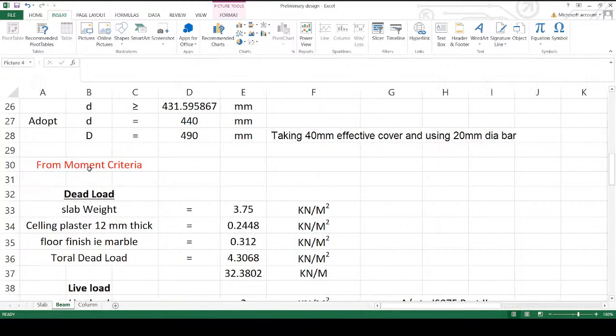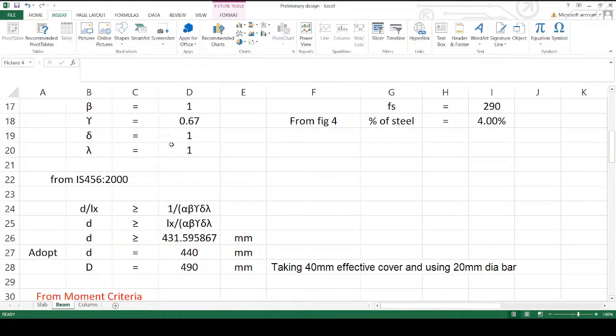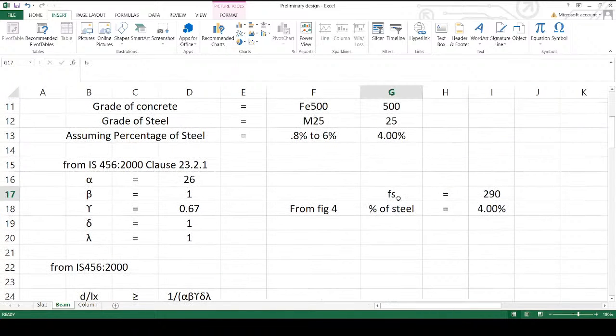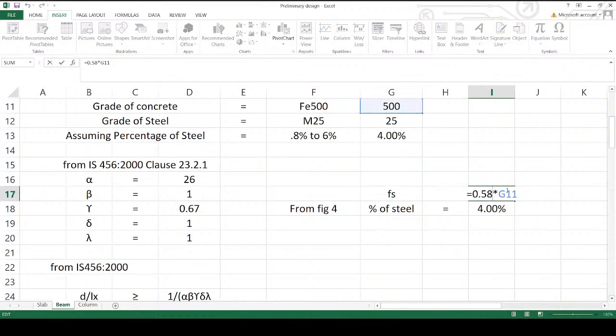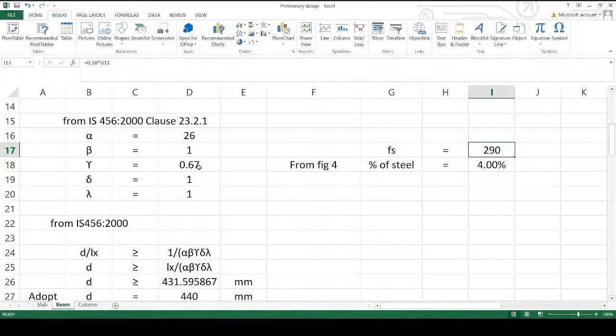From figure 4, for the gamma, we first have to calculate Fs, that is 0.58 of Fy, which is 290, and the percentage of steel here I am assuming is 4%, and gamma is equal to 0.67. How? I am again going to show from figure 4 of IS 456, 2000.